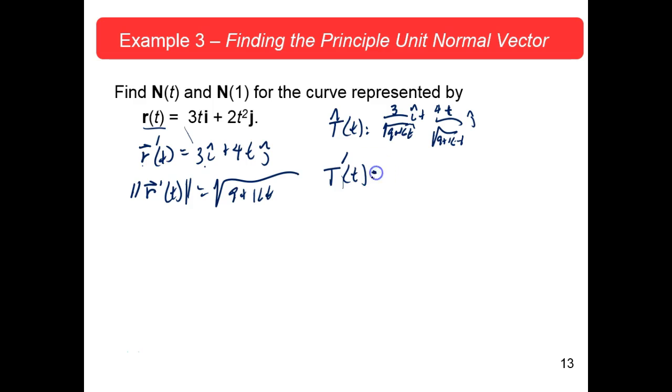What rule are you going to have to use to take the derivative of the first term, of the i component? Anybody?